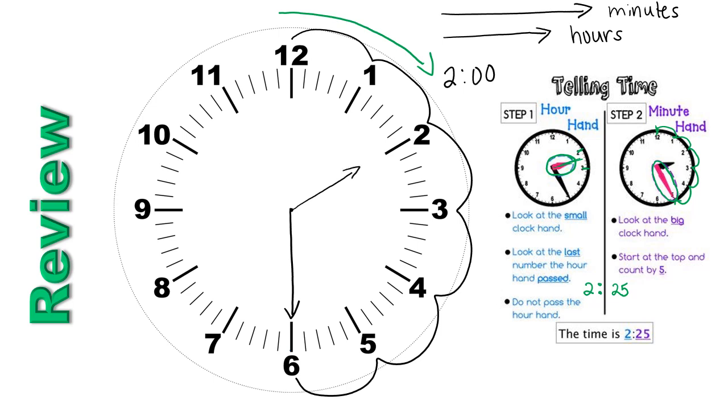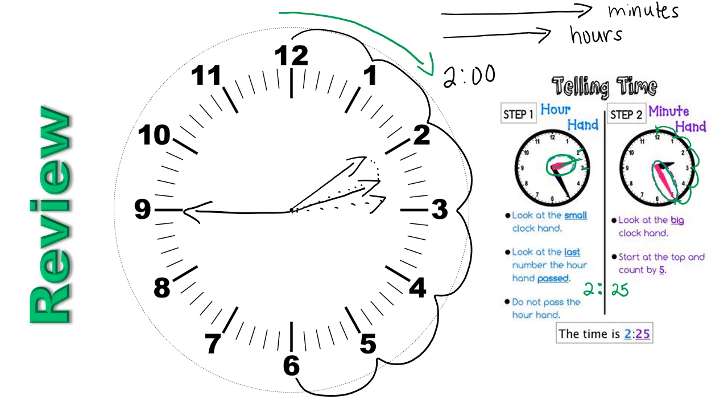It's actually going to move. And it's now going to point in between the 2 and the 3. So even though the hour is still 2, my hour hand is moving. As a matter of fact, boys and girls, the closer that the minute hand gets to the next hour, the closer the hour hand points to the next hour.